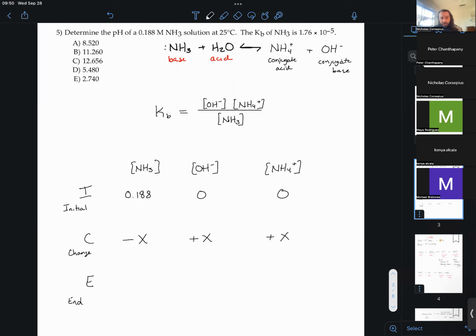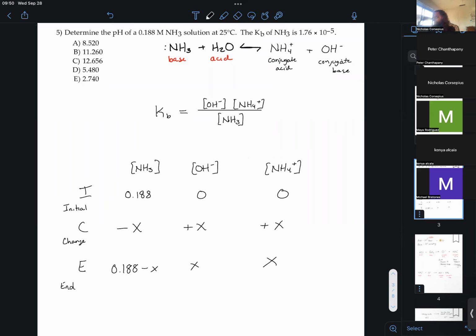And then to get the E, what we're going to do is sum up within a column for I plus C. So this becomes 0.188 minus X, 0 plus X is just X, and 0 plus X is just X again. So these are my variables for my concentration at equilibrium.